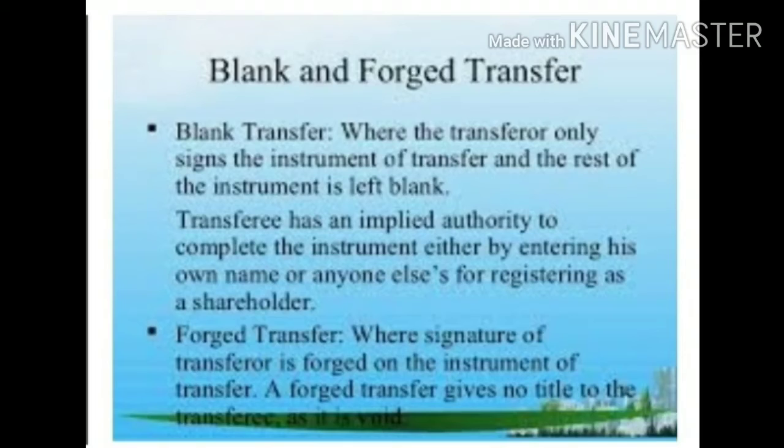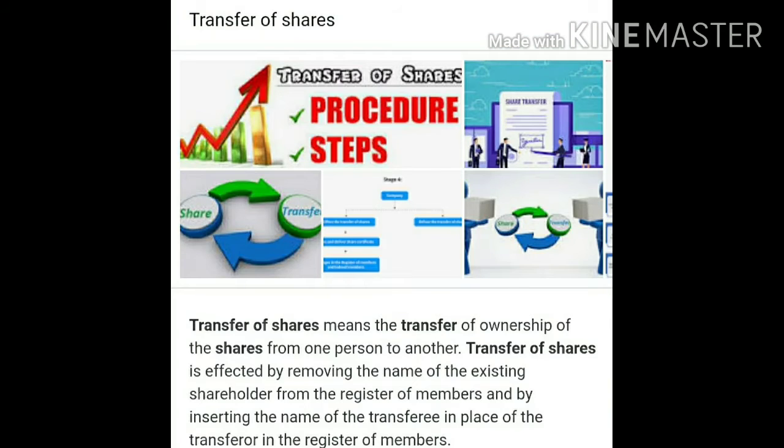Now next one, forged transfer, where the signature of the transferor on the instrument of transfer is forged. A forged transfer gives no title to the transferee. The company should not register such a transfer of shares. Now next one, procedure of transfer of shares.